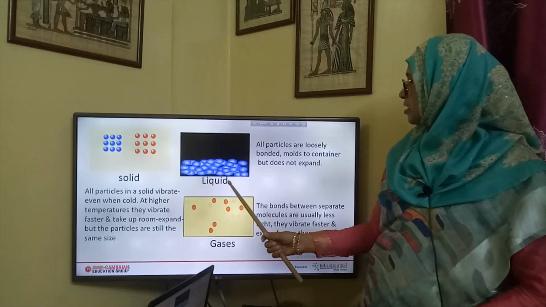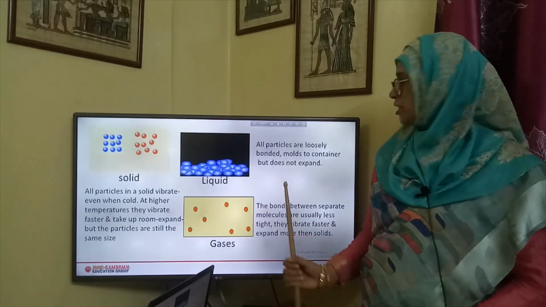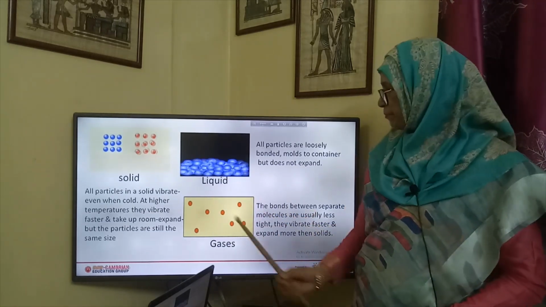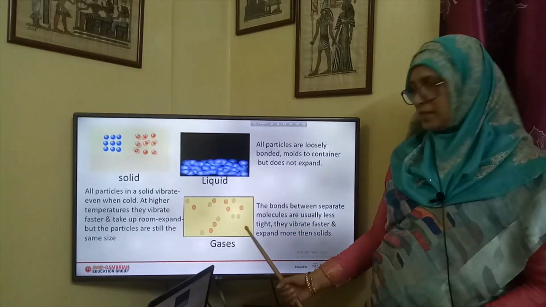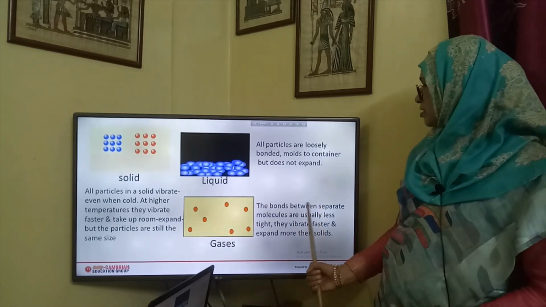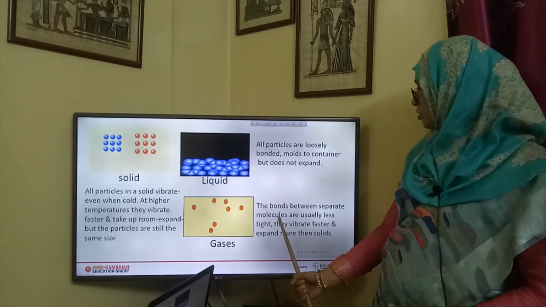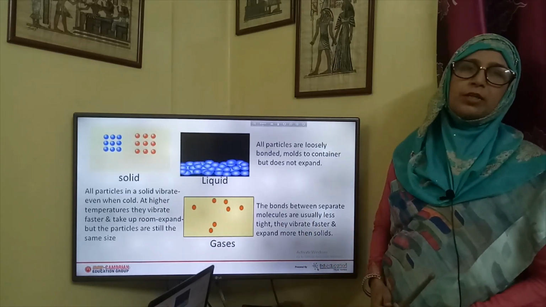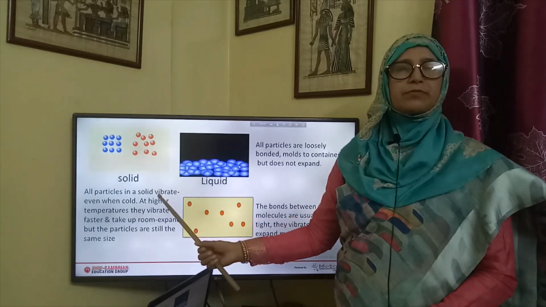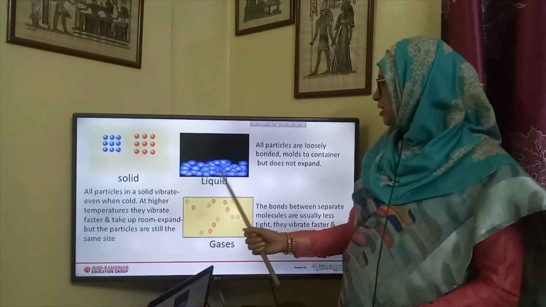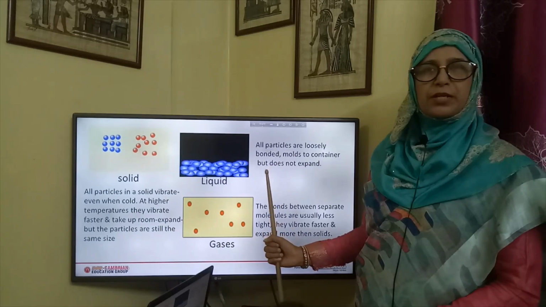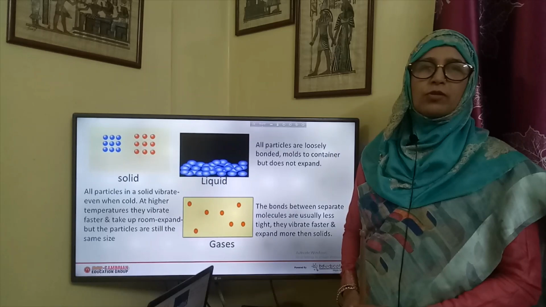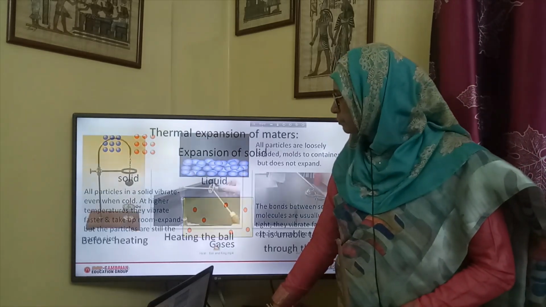But in liquid substances, all the particles are loosely bonded and mold to the container but do not expand. And lastly, in gaseous substances, the bonds between the separate molecules are usually loosely tied. They vibrate faster and expand more than solids. So you see, solid substances expand due to heat, liquids do not expand more than solids, but gaseous substances expand more than solids.